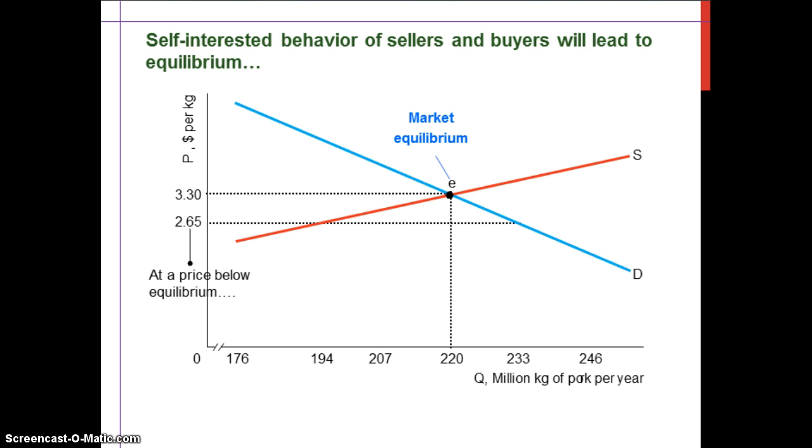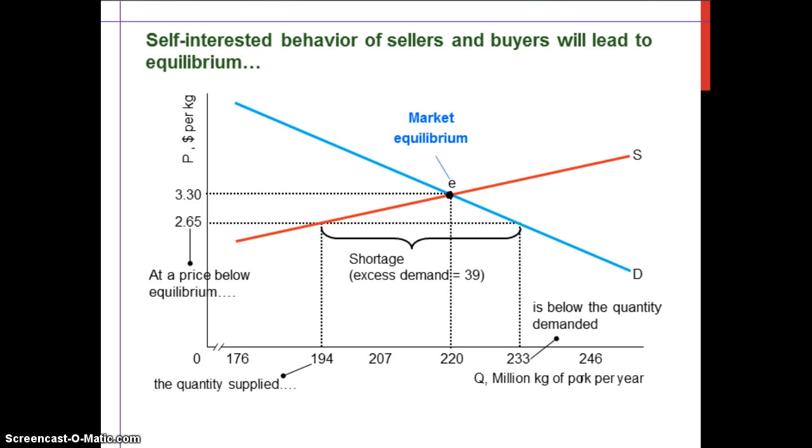However, if the price is lower than equilibrium, quantity supplied is lower than quantity demanded. In other words, quantity demanded exceeds quantity supplied. So this is excess demand.